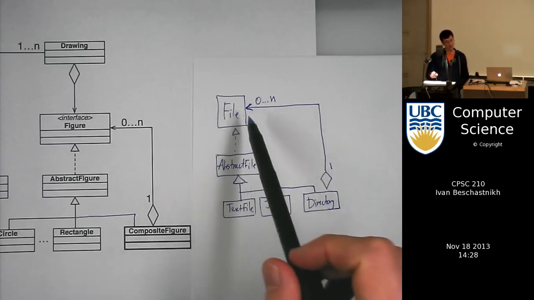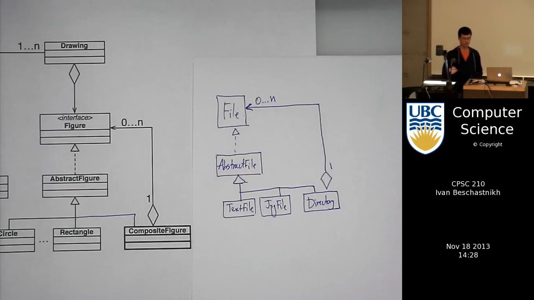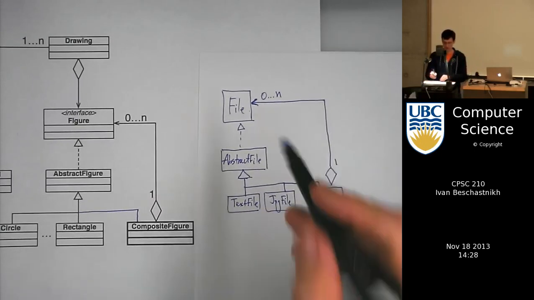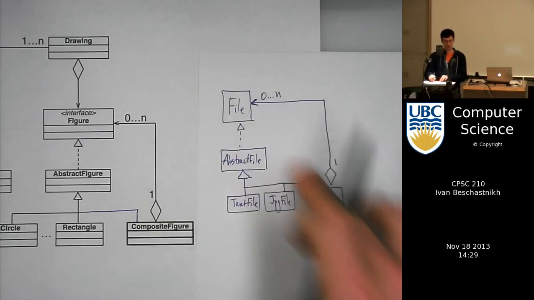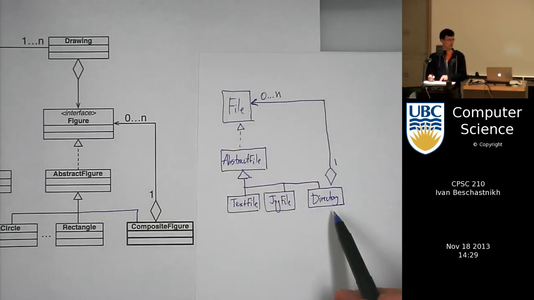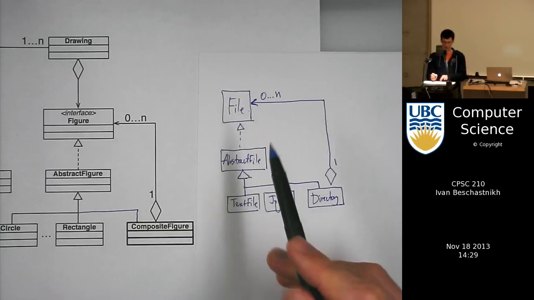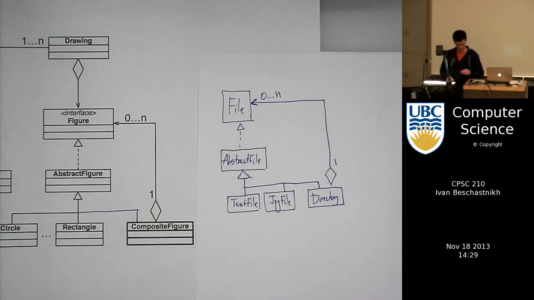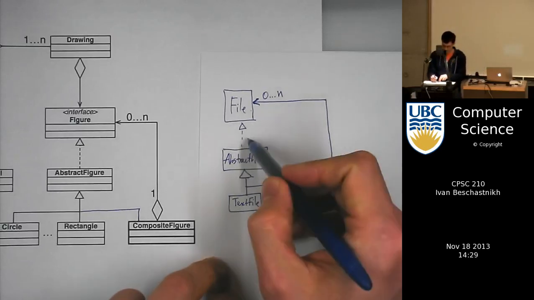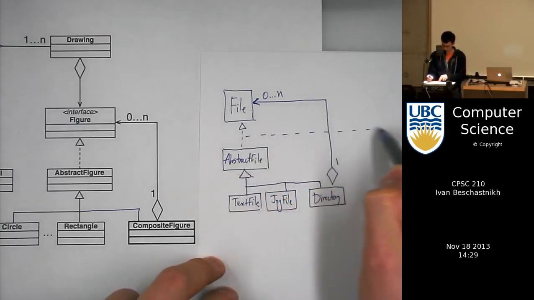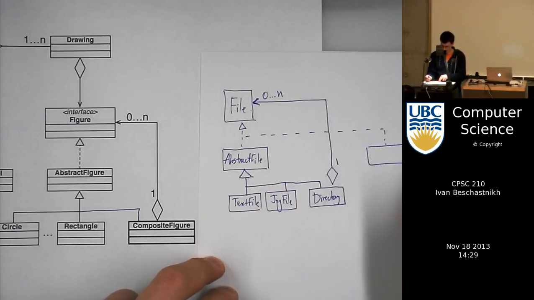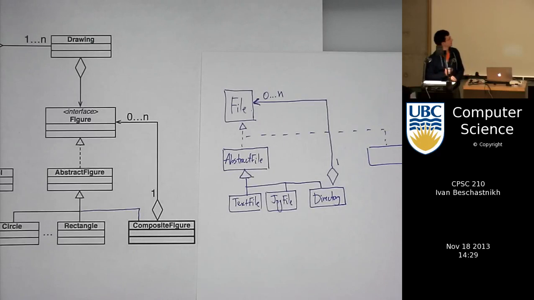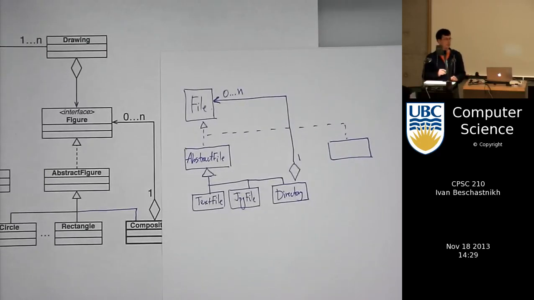The reason it aggregates file is because in general, in object-oriented systems, if you're going to reference an object, you want to reference it as far up the hierarchy as possible. So if I reference a file, then it allows me to reference everything that's below a file. It allows the directory to contain anything below this file interface. Right? If I had a different class, let's say I implemented this interface in some other class.